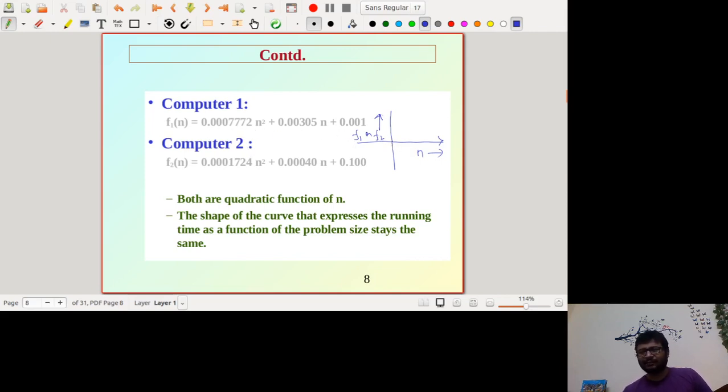Then one curve would have looked like this and the other curve would have looked like this. This is the curve for computer 1. This is the curve for computer 2.